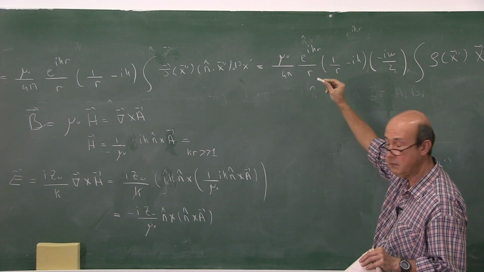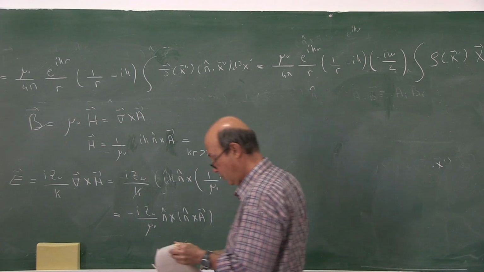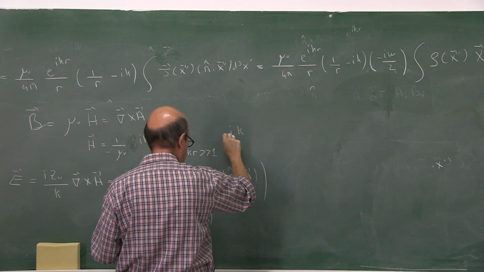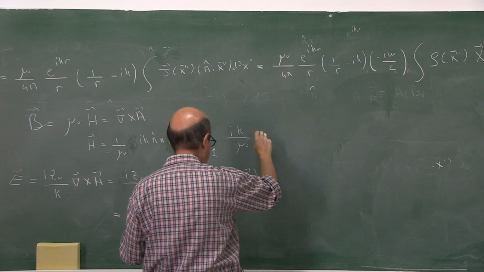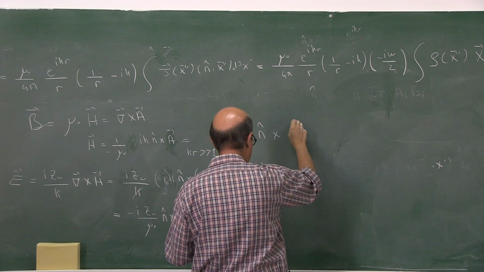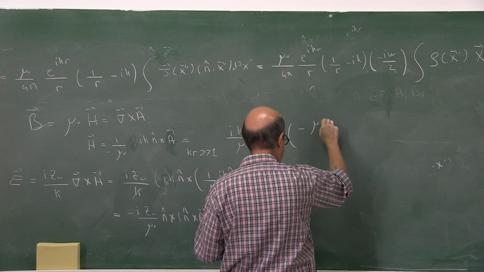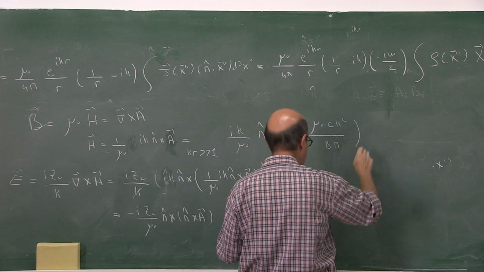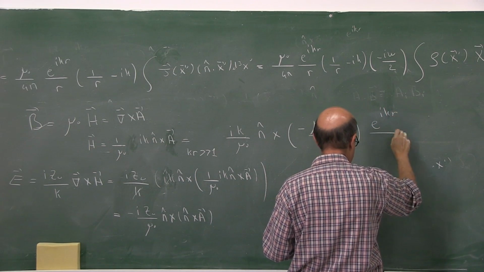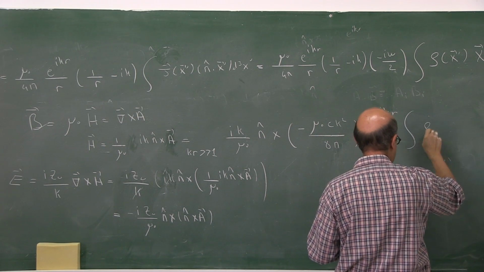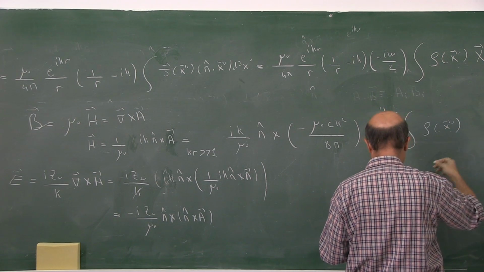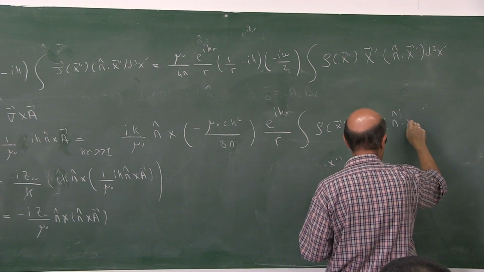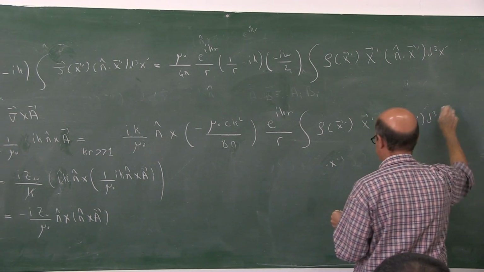If you go to the far field enough, you will drop it and apply this cross product, and your result will be i k over mu 0 n cross minus mu 0 j k square over 8 pi, the spherical wave term, charge density, x prime and dot x prime.